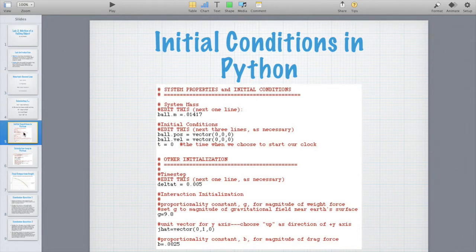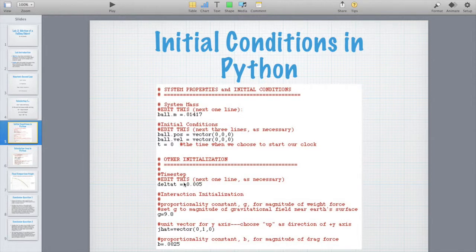The data from Tracker was then entered into Python in order to create a model. First, we see that we have the cup's mass, followed by the initial position, which is the zero vector, and the initial velocity, which is also the zero vector, because the cup starts at rest.